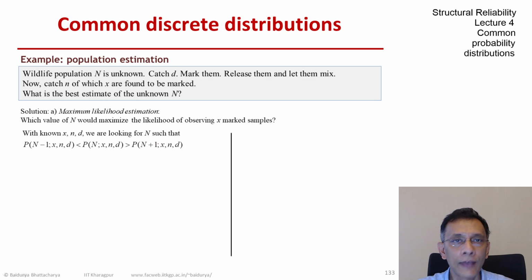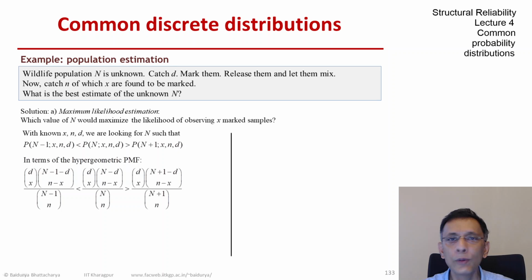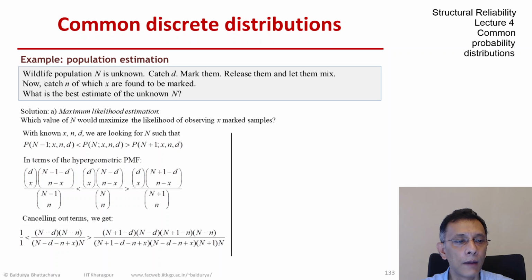So P of N would be greater than P of N plus 1 with the same parameters x, n and d, and P of N will be greater than P of N minus 1 with those same parameters x, small n and d. And now by plugging in the hypergeometric PMF expressions and doing some algebra, we come up with two inequalities.